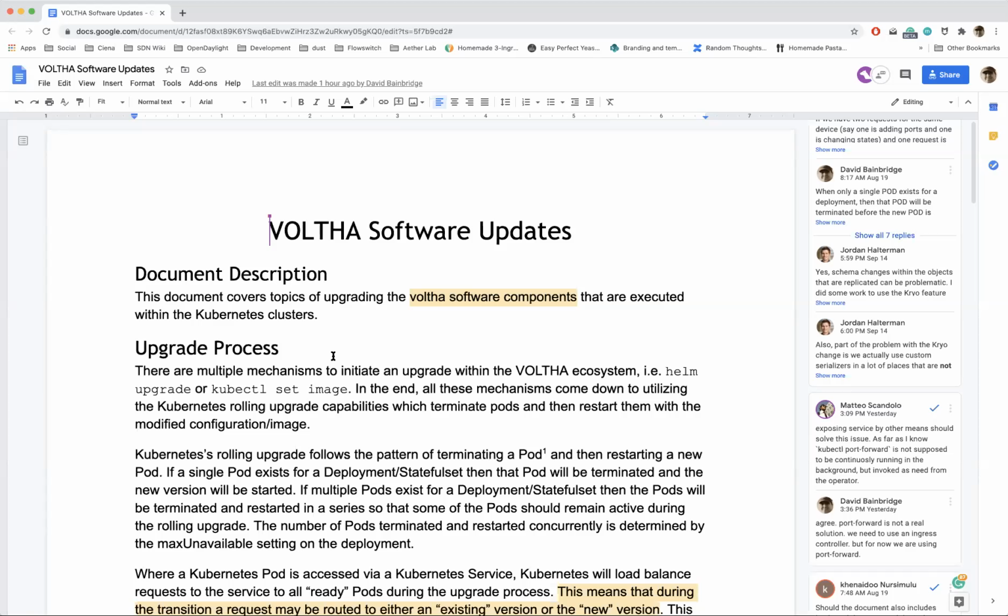Again, an upgrade's just a pod restart for the most part. We might want to start with restarting an existing pod and then moving to upgrading one. But I guess the two steps is the important part.